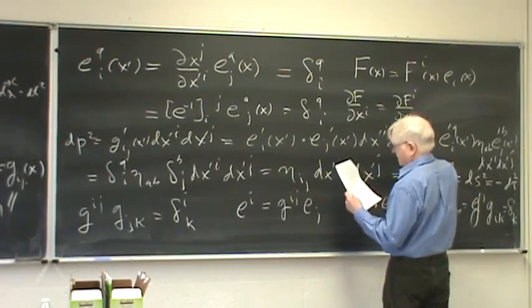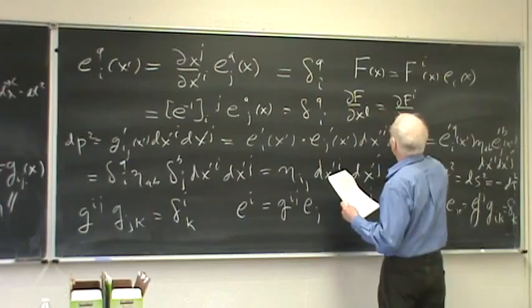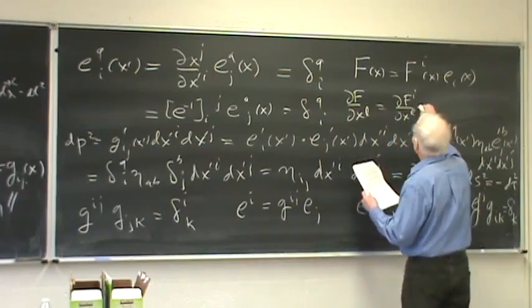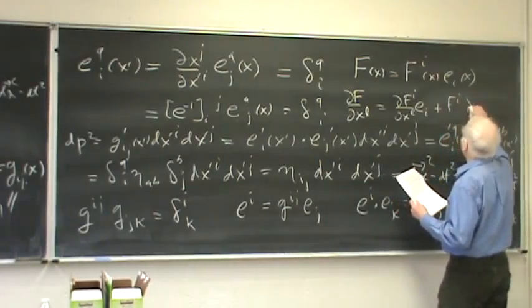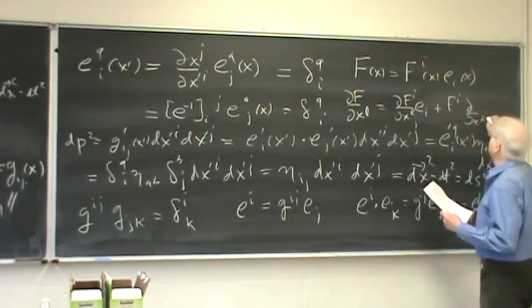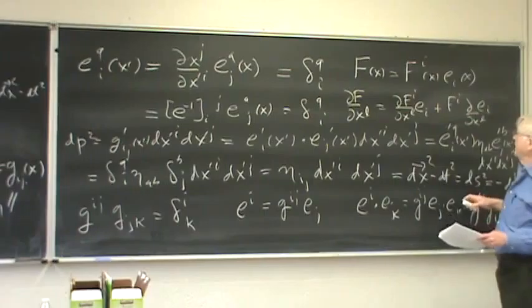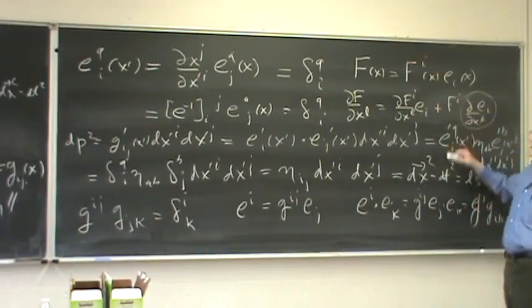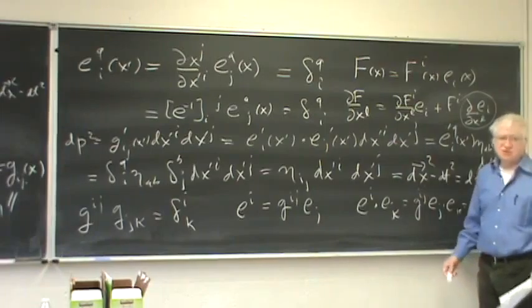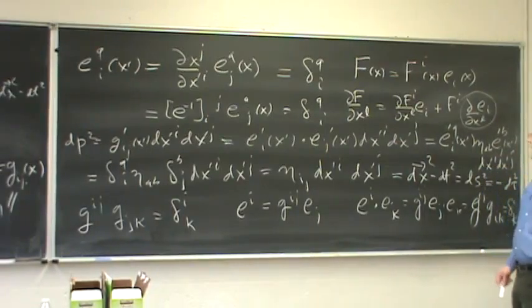Well, I need to look at the notes here. Let's make that x^l. e_i plus F^i partial x^l of e_i. And the point is that this thing here is no longer in general in the tangent space.